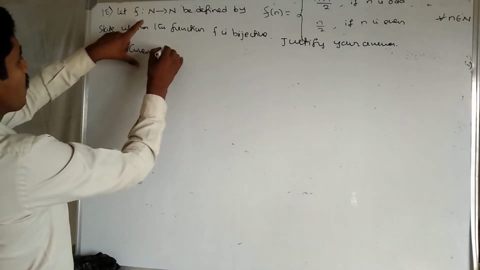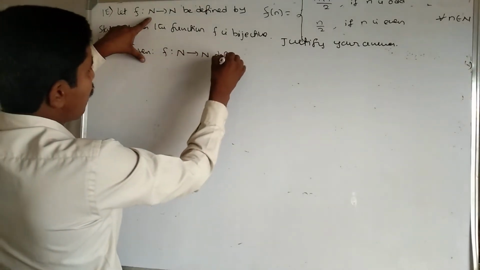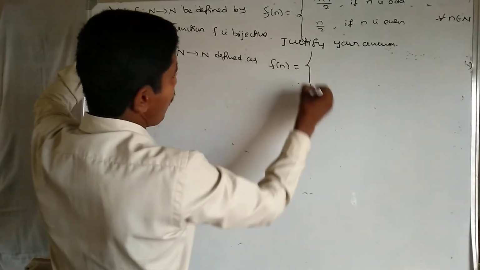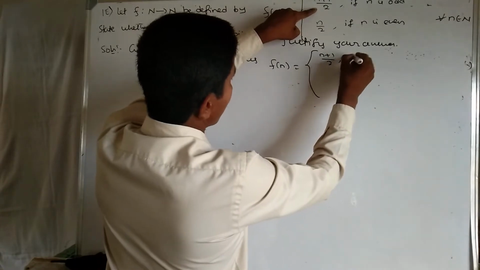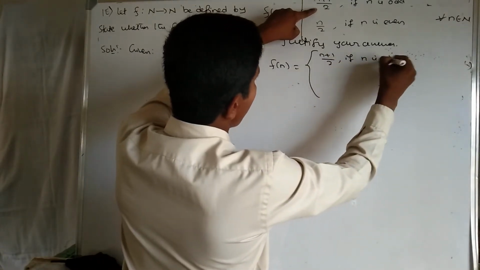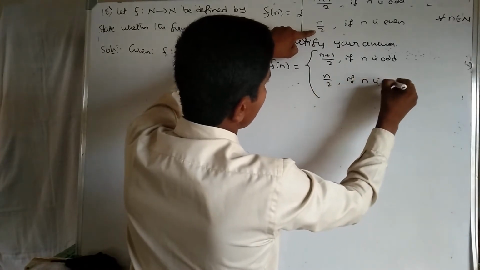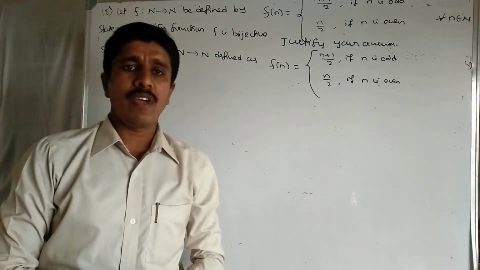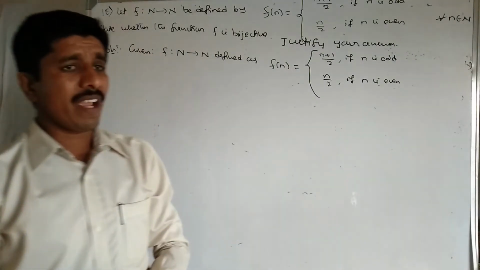So you are given that f from N to N is defined as f of n equal to (n plus 1) by 2 if n is odd, n by 2 if n is even. Verify whether the function is bijective, meaning we are about to verify whether the function is one-one or onto or bijective. Justify your answer.